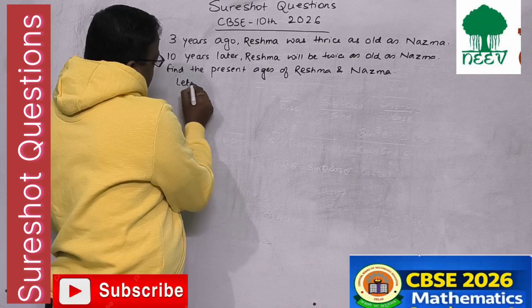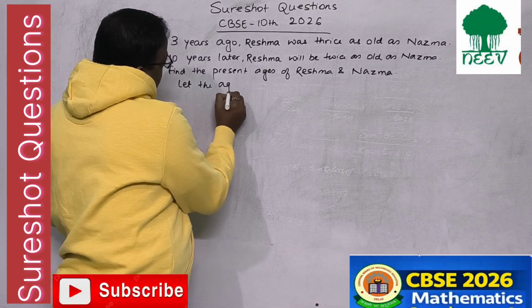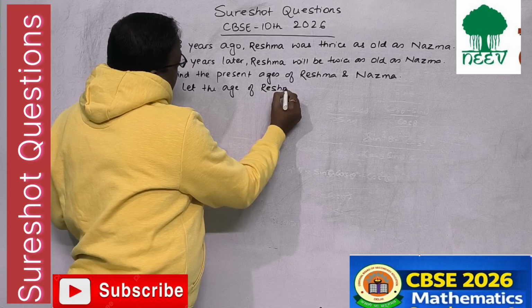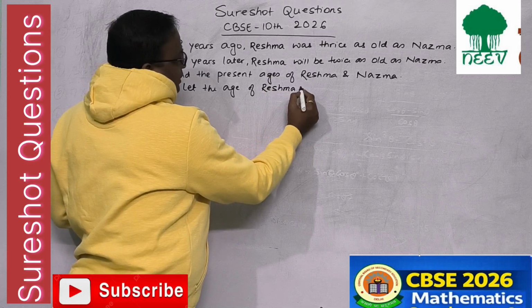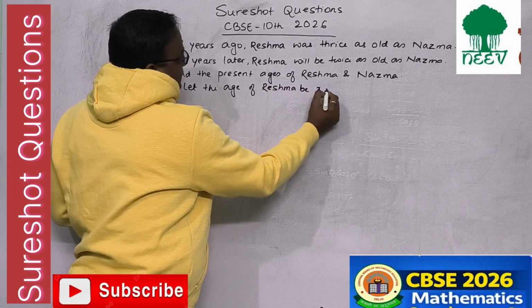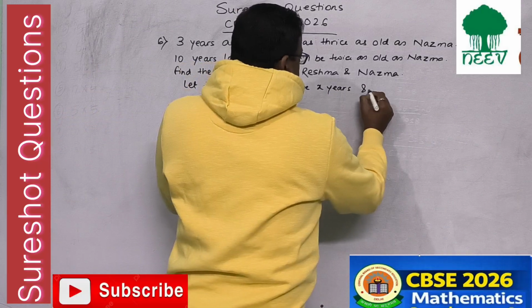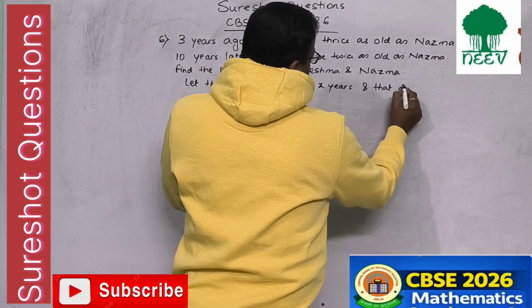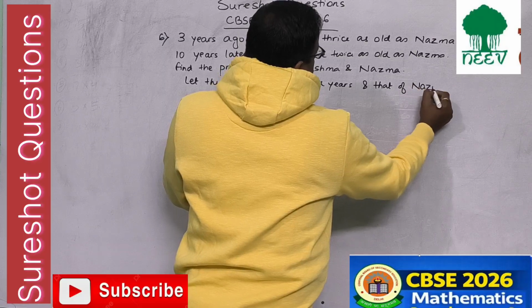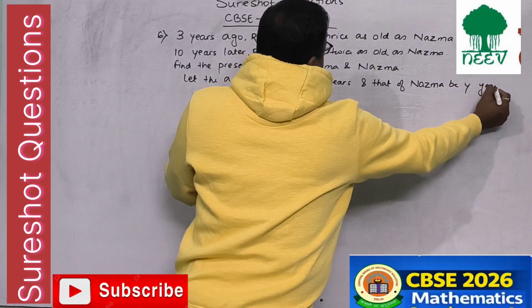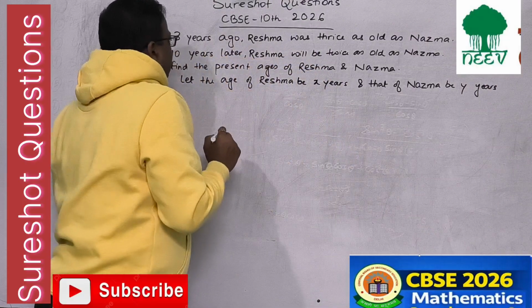Let the age of Resma be X years, and that of Nazma be Y years.